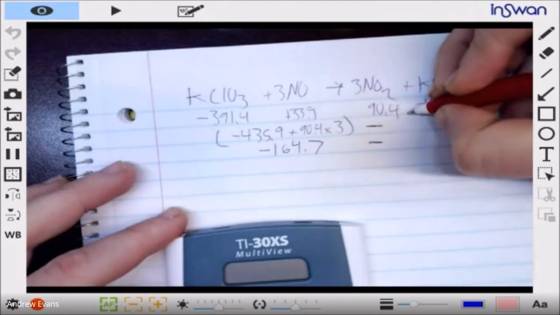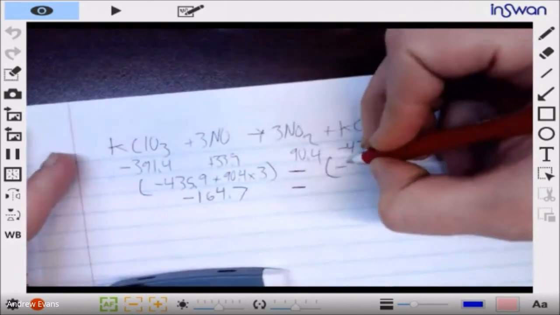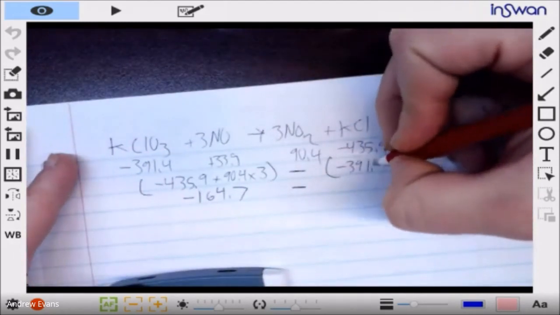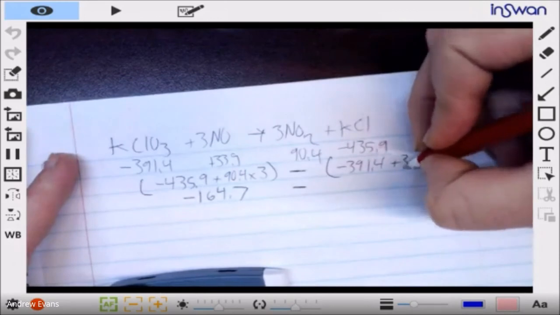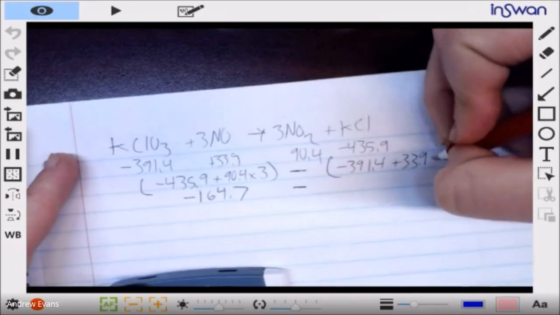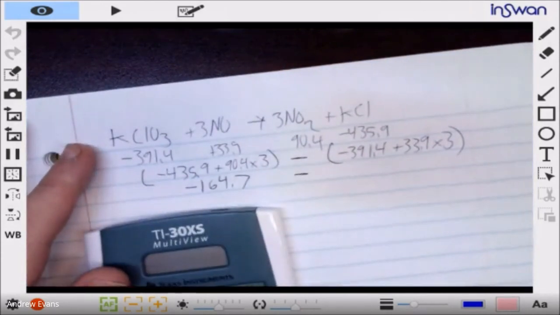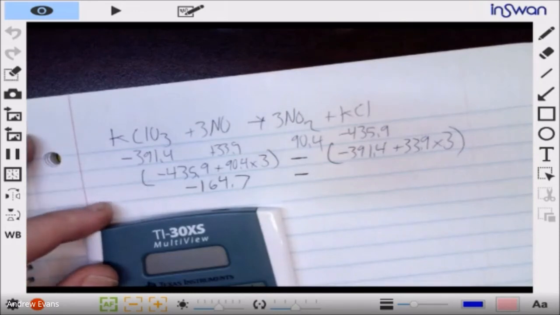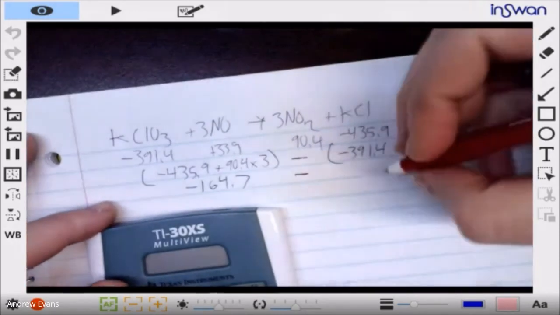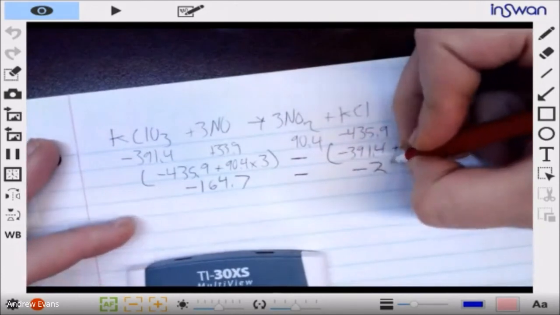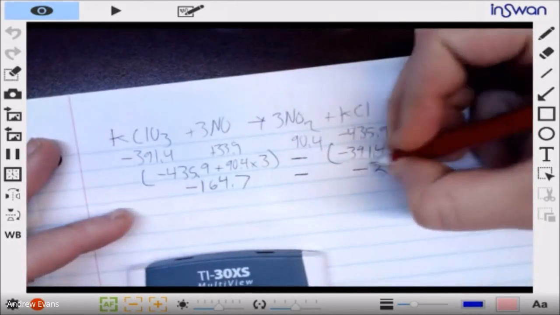Our reactants: negative 391.4 plus 33.9 times 3 is negative 289.7.